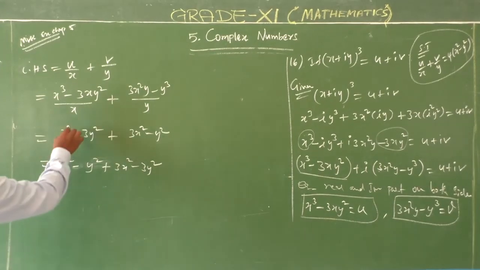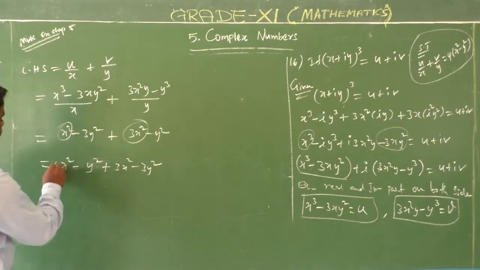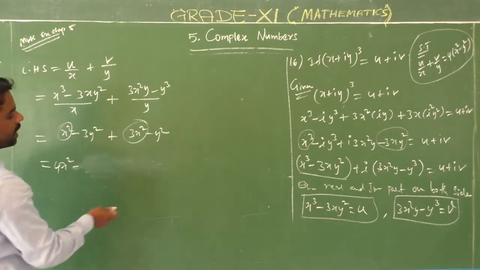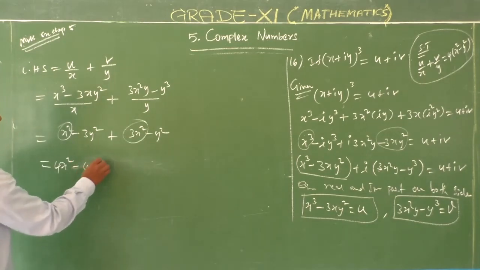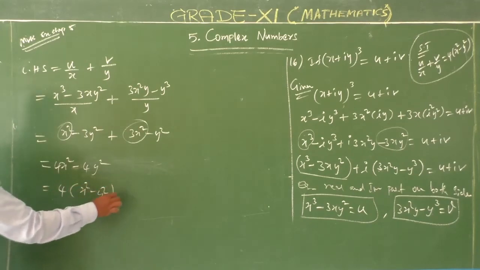Here x squared plus 3x squared is 4x squared, and minus 3y squared minus y squared is minus 4y squared, which is equal to 4 of x squared minus y squared, the RHS.